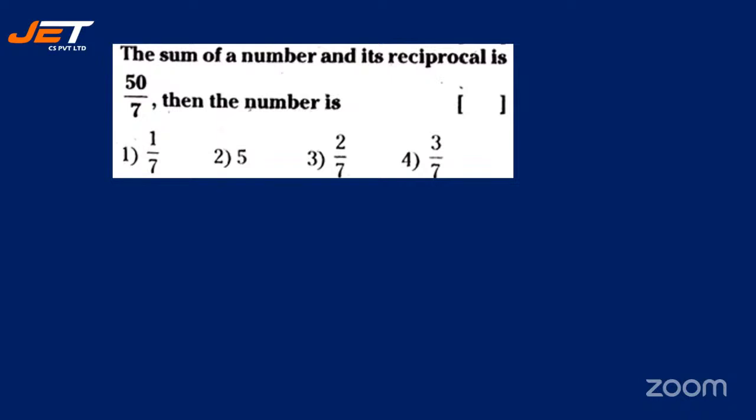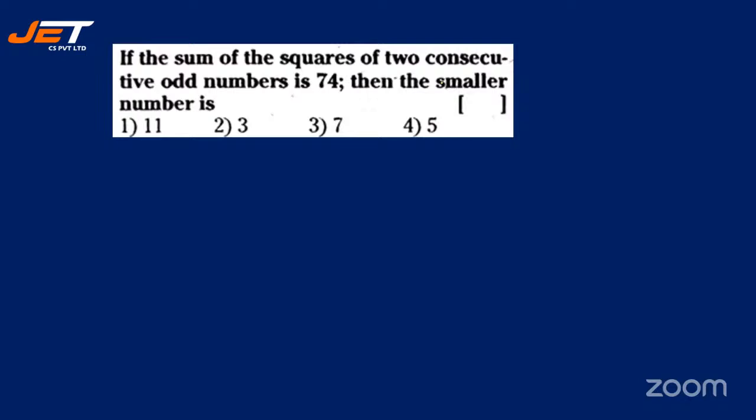You can take the number as x, y, whatever you want. By taking LCM, you will get the equation, and when you solve it, you will get the answer. So you get 1 by 7 as the answer. All right, see the next question.